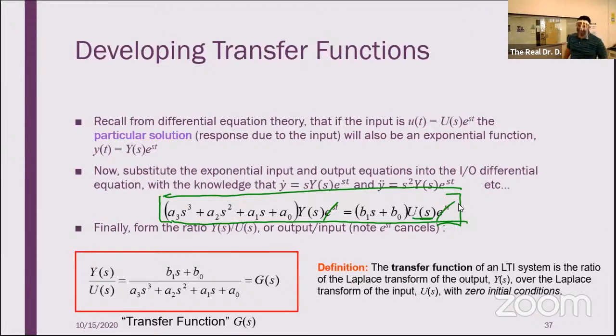Y of S over U of S is equal to B1 S plus B0 over A3 S cubed plus A2 S squared plus A1 S plus A naught. And this is my transfer function, and we will say that this is equal to G of S, because that's what we call our transfer function, G of S or H of S, sometimes, depending on what we're doing. So there's our transfer function.